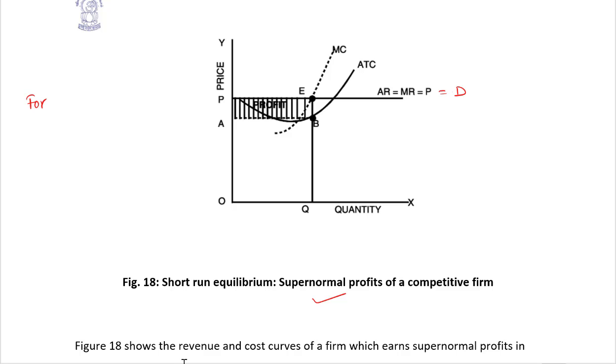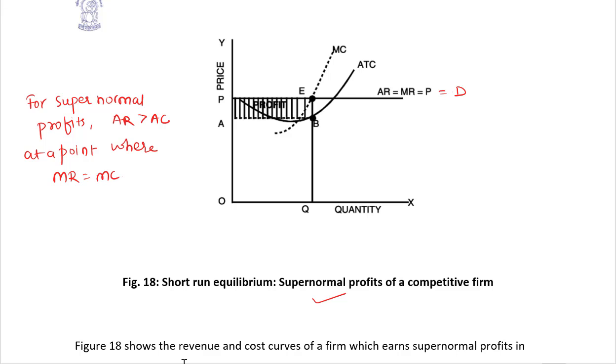We can say that over here for supernormal profits, AR should be greater than AC at a point where MR equal to MC, MC cuts MR from below.